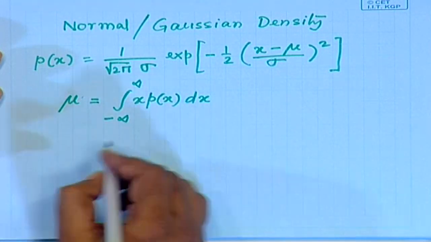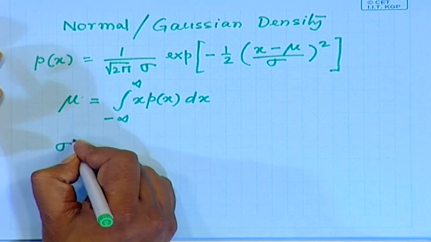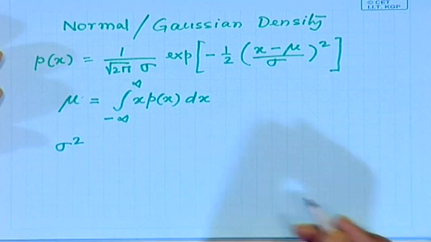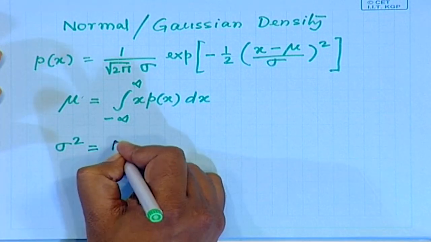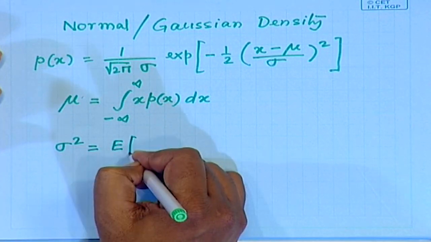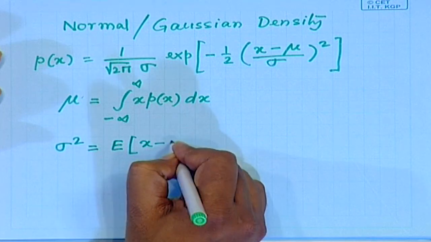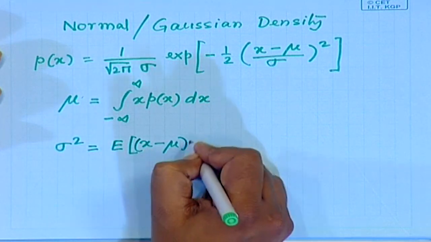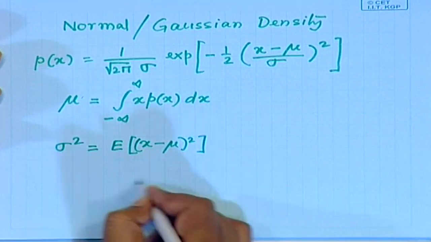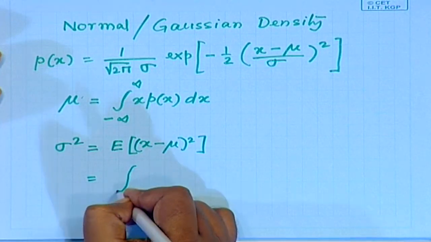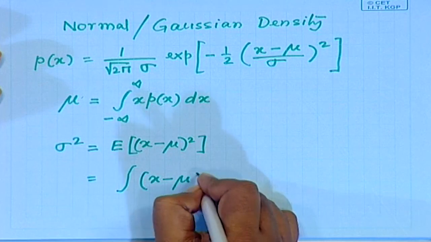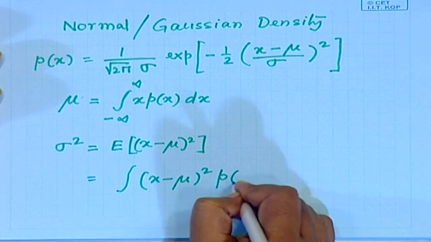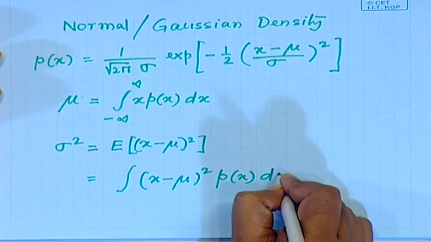And sigma square, which is the variance, where sigma is the standard deviation, is simply given by the expectation value of (x minus mu) square, which is nothing but the integration of (x minus mu) square p of x dx.